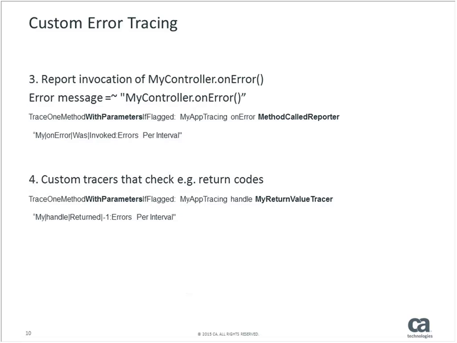And you want to count this and generate error snapshots for this condition. So you could use a method called error reporter, and again, same thing, use the with parameters directive, use it on onError, use the method called error reporter, and it will increase the errors per interval metric any time that onError is called.